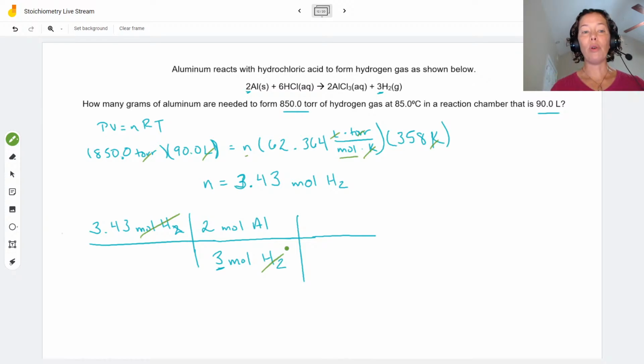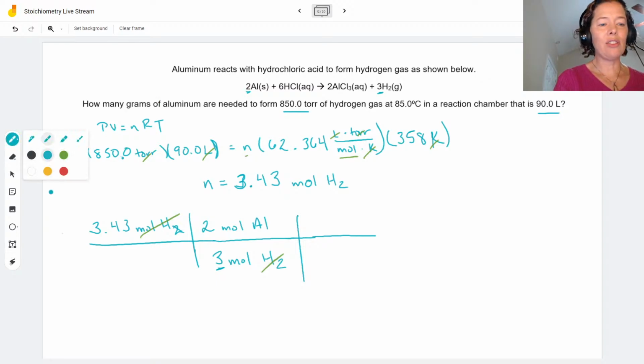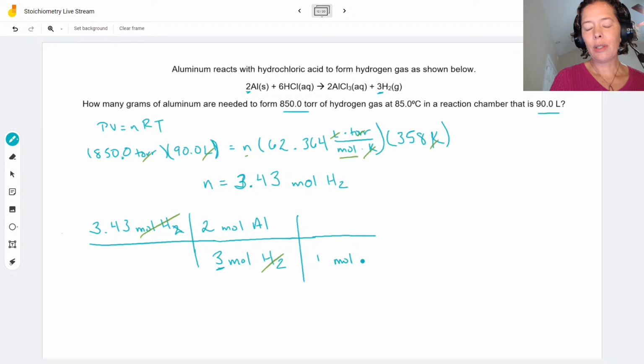Right now I have moles of aluminum, but the problem did ask me for grams of aluminum, so I have one more conversion factor to put in, and that is just a simple conversion from moles to grams using the molar mass. So in 1 mole of aluminum, there are 26.981 grams of aluminum.